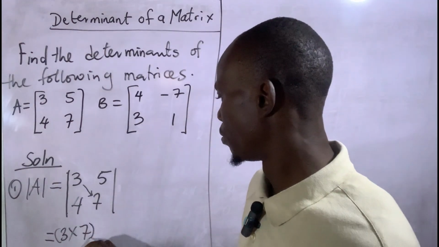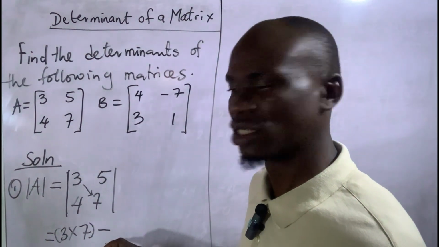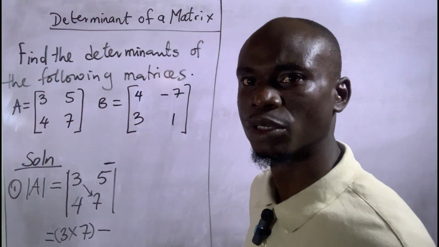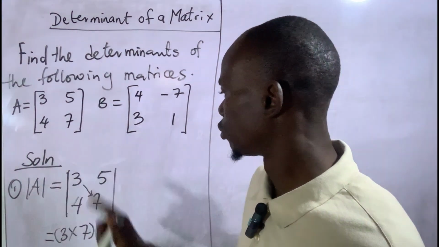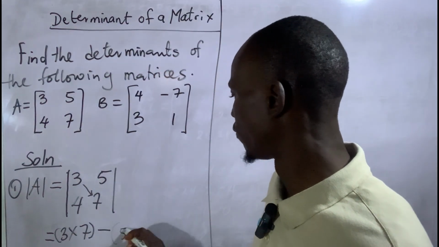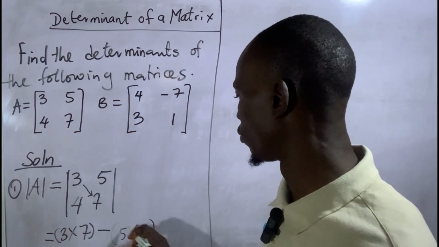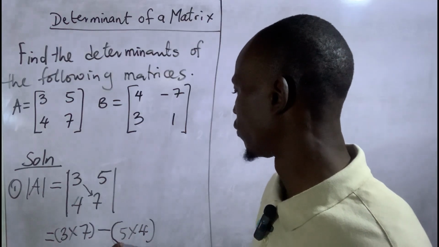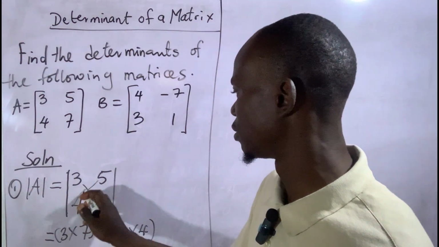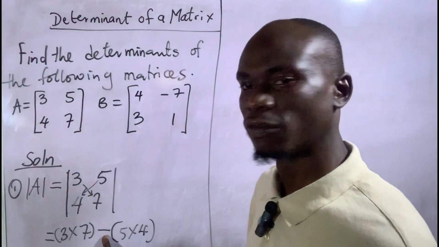Minus, this minus is constant. It's coming from an invisible minus on top of this second column. So the next will now be 5 times 4. So you can see what I did, I cross multiplied and take the difference.